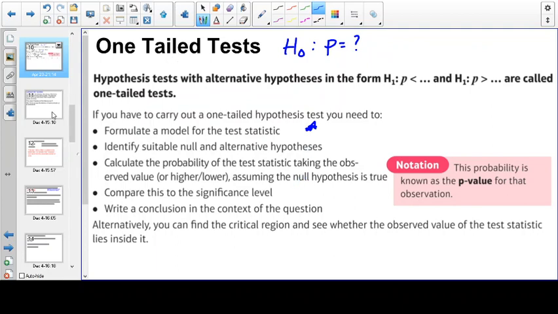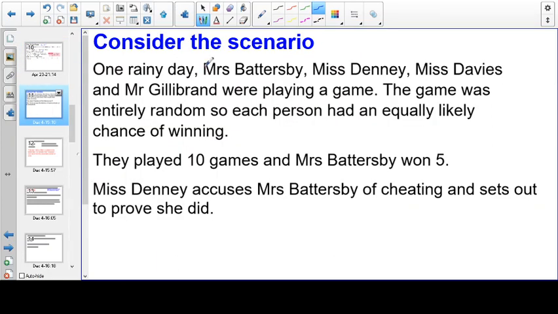I want to show you what I'm talking about and to give you an idea by considering this little scenario. Okay, so it says, one rainy day, Mrs. Battersby, that's me, Miss Denny, Miss Davis and Mr. Gillibrand were playing a game, and the game was entirely random, so each person had an equally likely chance of winning.